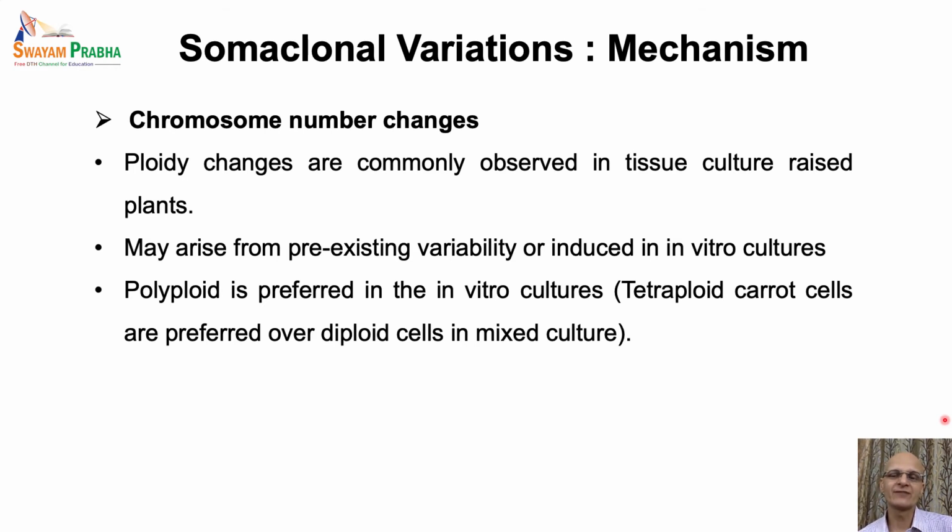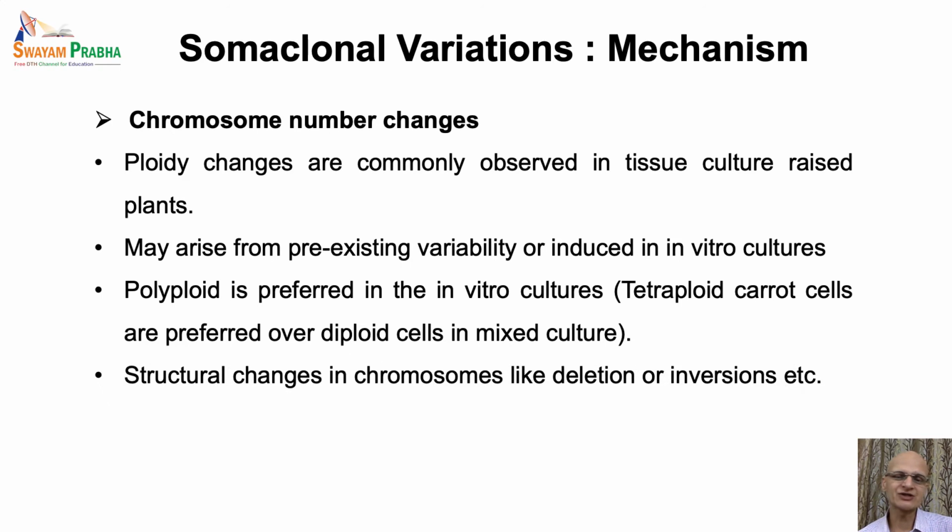Now, if we mix them in equal ratios and grow them together, the frequency of the tetraploid cells slowly increases in the culture, and after some time, finally, the whole culture may become a tetraploid culture. So, polyploidy is usually favored in the in vitro cultures.